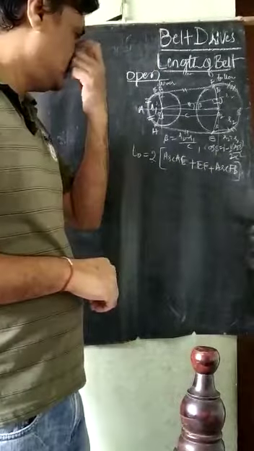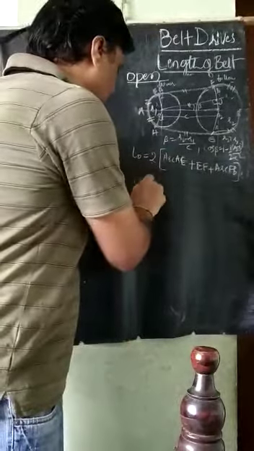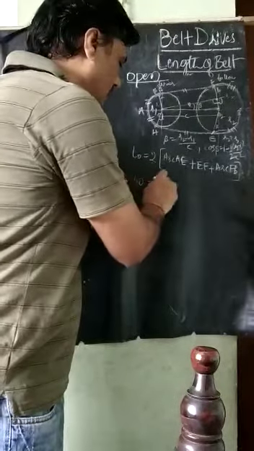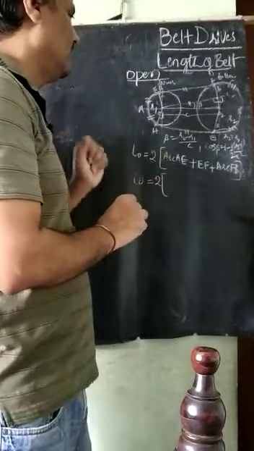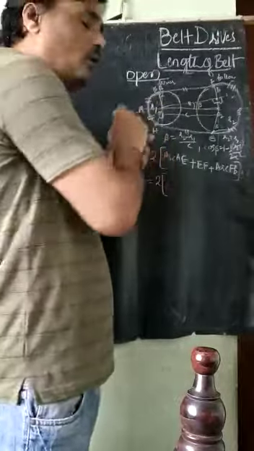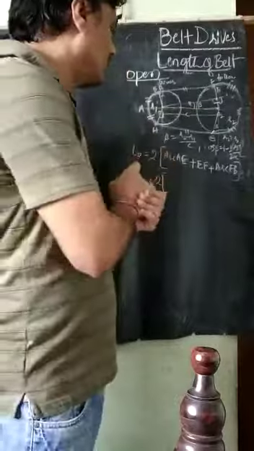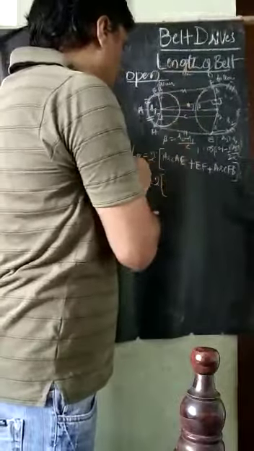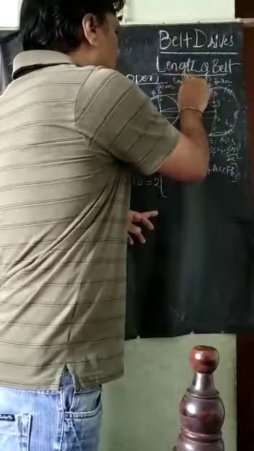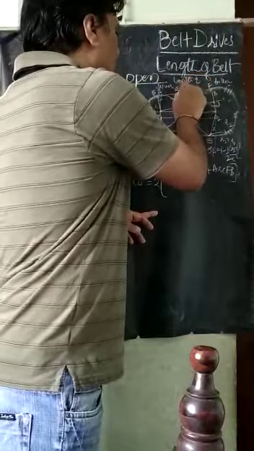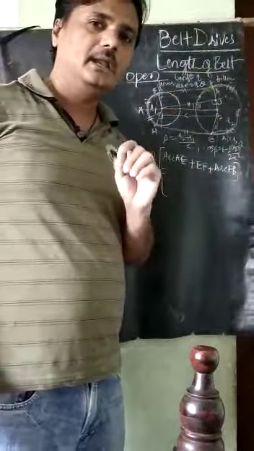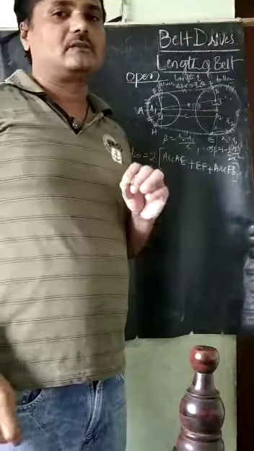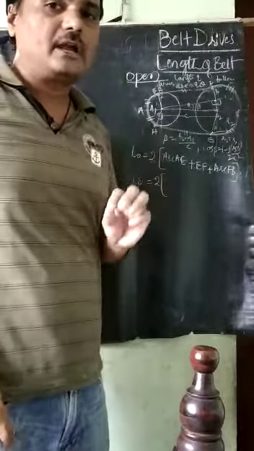Just I will substitute the values here. Length of the belt for the open belt, L0, is equal to 2 in the bracket, arc AE. How can we write arc AE? How to find the length of an arc? The length of the arc is always equal to R into theta, the radius into the subtended angle of that arc.